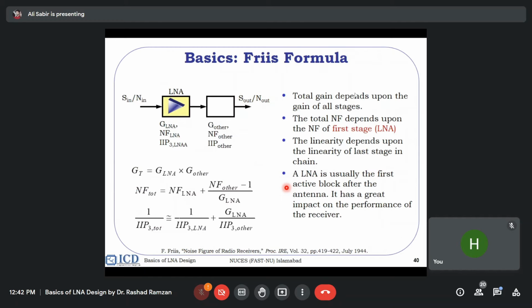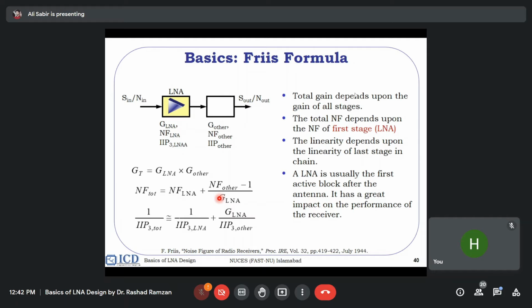The last basic is the Friis formula. It says how the noise figure and linearity relate. If you have an LNA and a second block, and you put the two blocks together, the total noise figure is equal to the noise figure of the LNA plus the noise factor of the second minus 1, divided by the gain of the LNA.